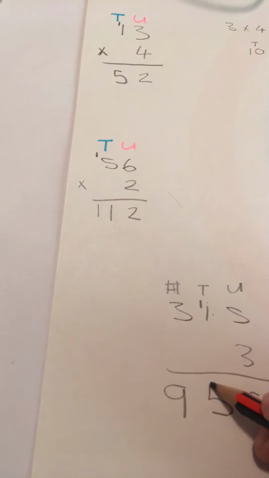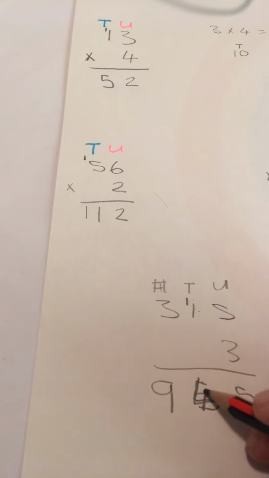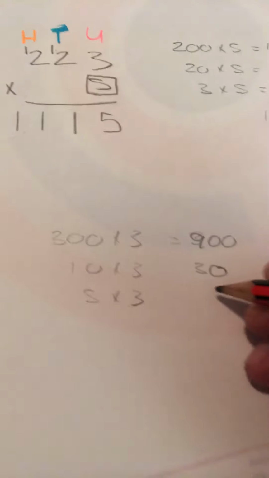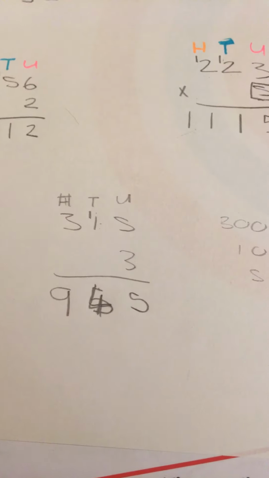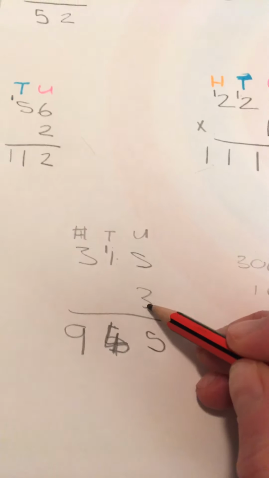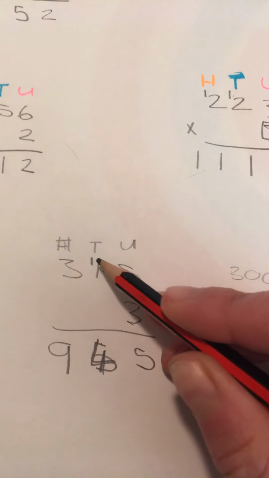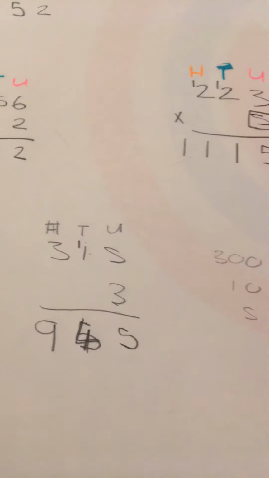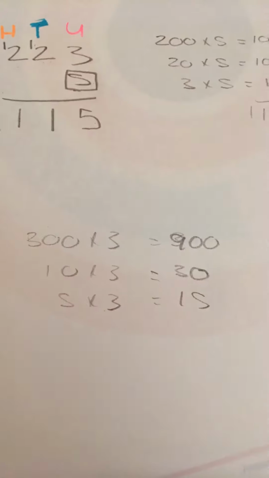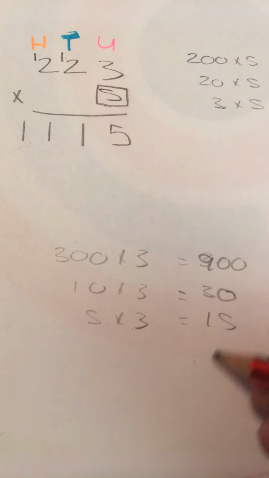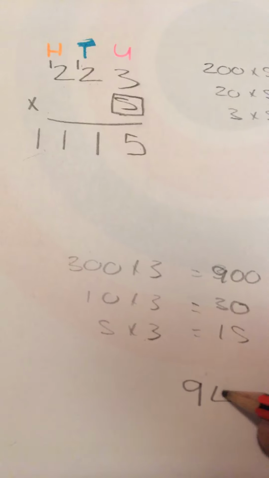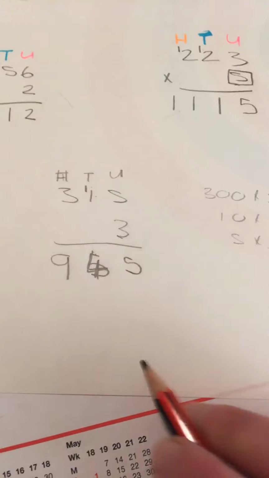That must be a 4. Do not know what I did there. But in any case, 10 times 3 is 30, and that is 15. See, if you're not concentrating, you can make a silly mistake. Because I know 3 times 1 is 3, and I added 1, and I got a 5 and not a 4. Whoopsie. Focus for that. So it's 900. 30 plus 15 is 45, so the answer is also 945.